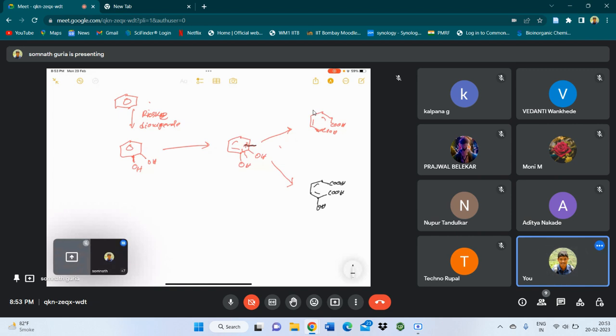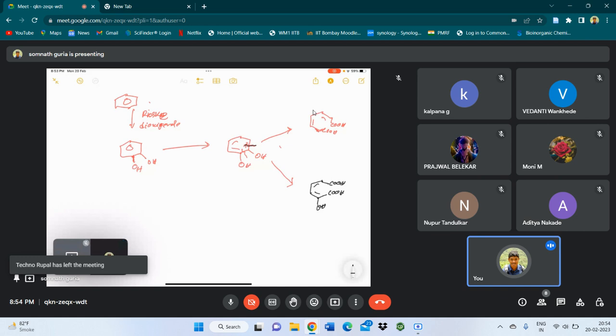Now coming to the monooxygenase, we all know about the cytochrome P450 monooxygenase. P450 means it absorbs light around the 450 nanometer region, that's why its name is P450.